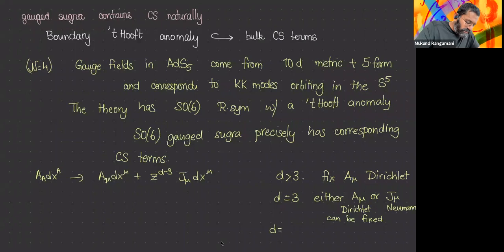The other statement I wanted to make is in D equals 2, only fixing jmu is allowed. You're only allowed to use Neumann boundary conditions, if you're talking about Maxwell fields in AdS3. Because there, you see this D minus 3 is a threshold.